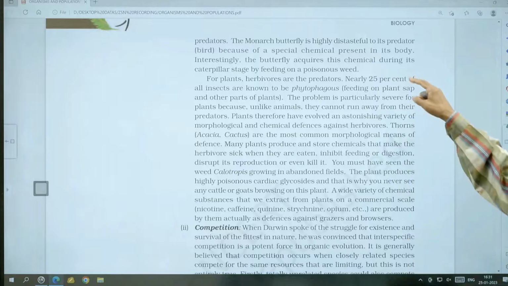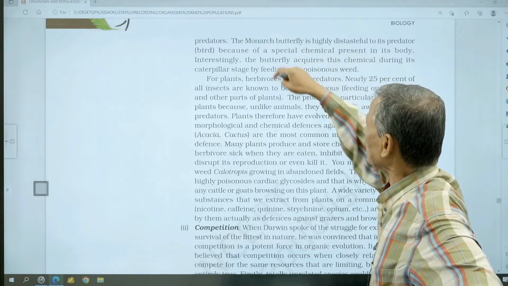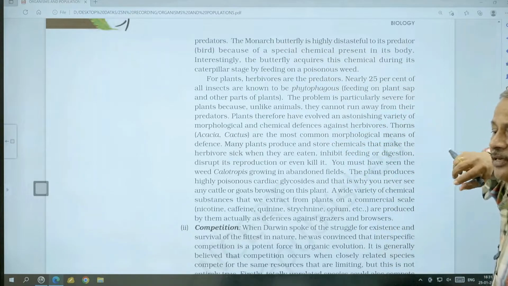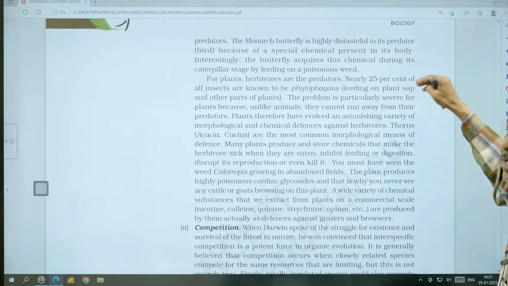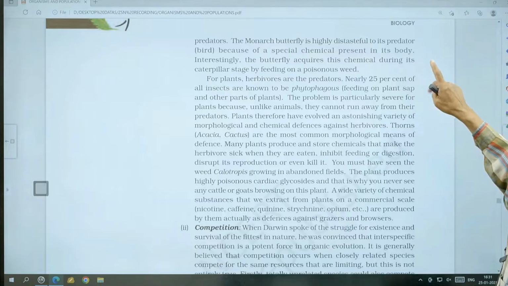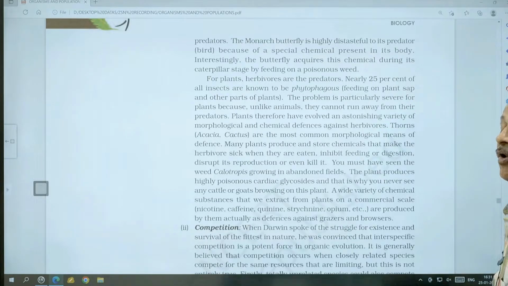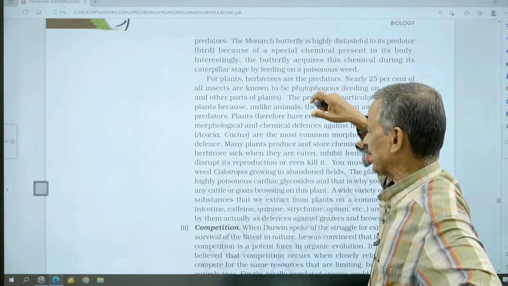And the viceroy butterfly will be mimicking a monarch so that the bird will think that it is a monarch. The monarch is unpalatable, so they will also avoid eating a viceroy butterfly. Because of mimicry, some organisms are escaping. Okay, so they will be developing a number of such tactics.